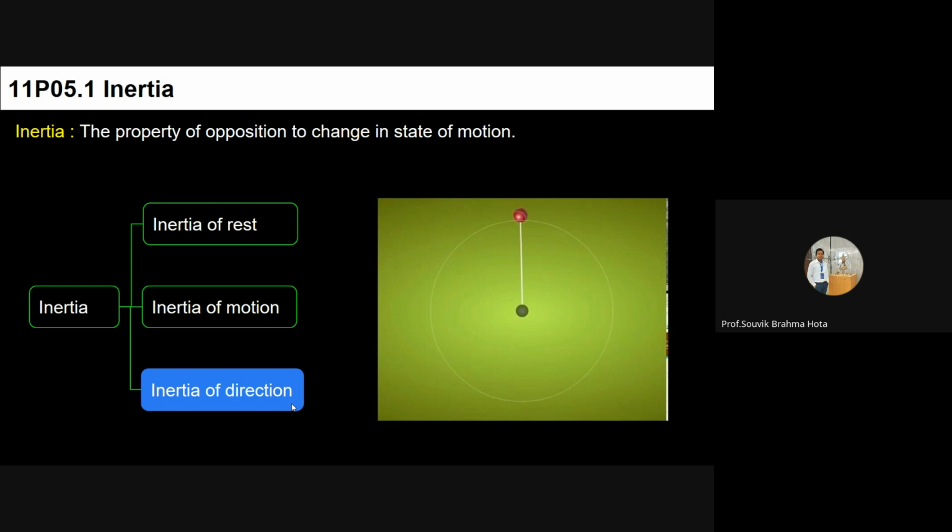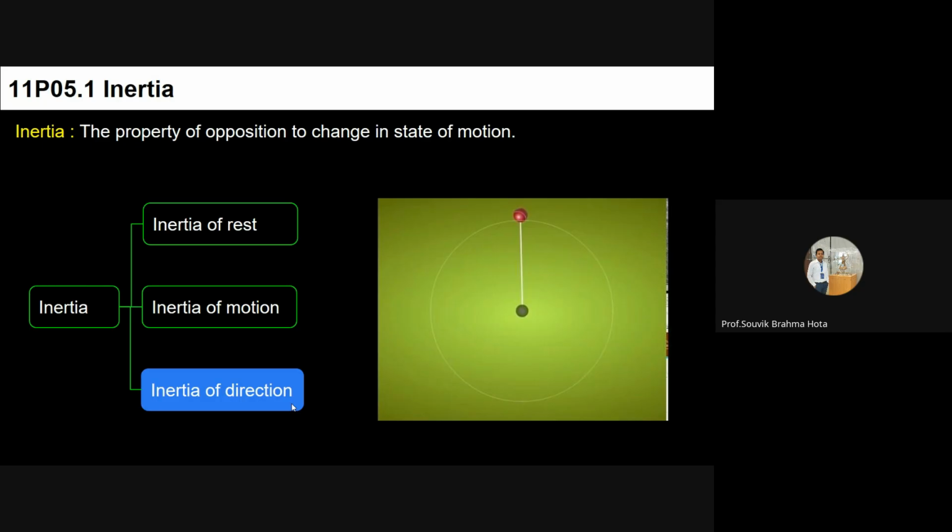Inertia of motion: you were standing on a bus, the bus was in motion, and suddenly it stopped. What will happen? Your upper part tends to bend in the forward direction. Why?